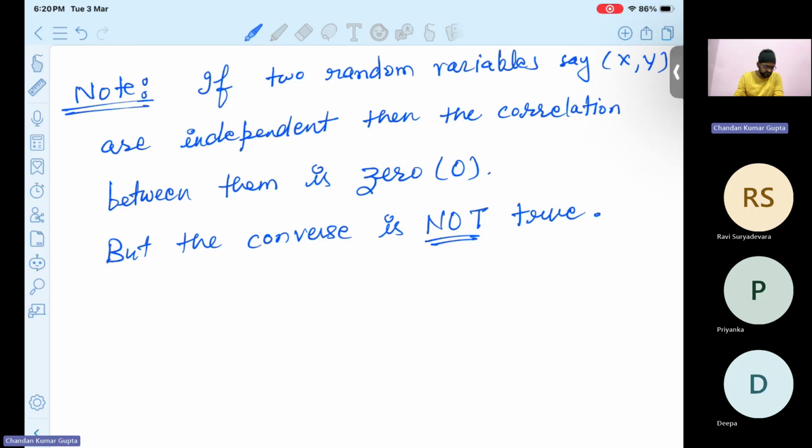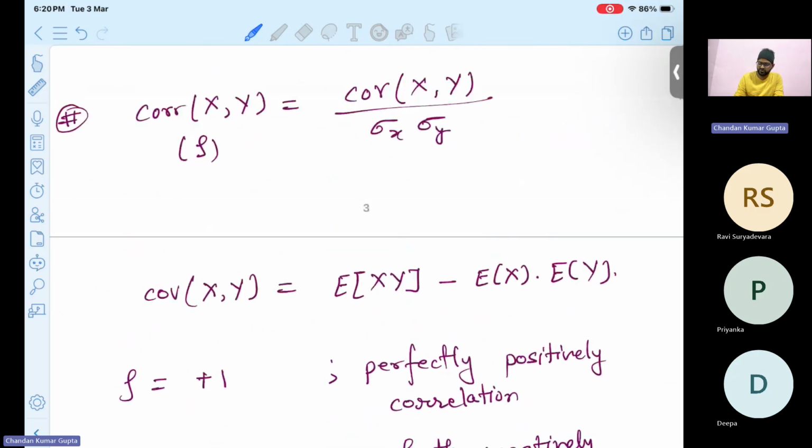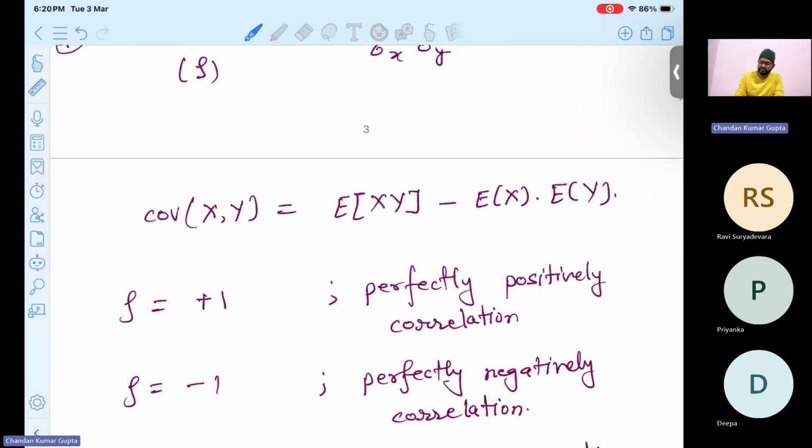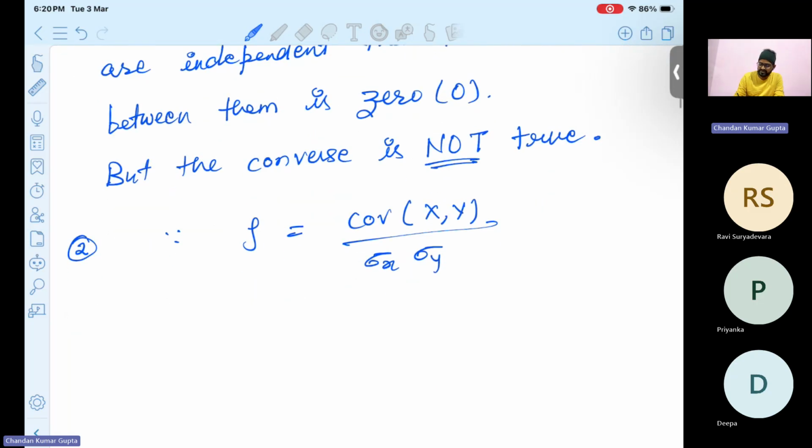Now, covariance, correlation. Obviously, from here you can derive many formulas. The correlation rho is the covariance between the random variables x, y divided by sigma x, sigma y.